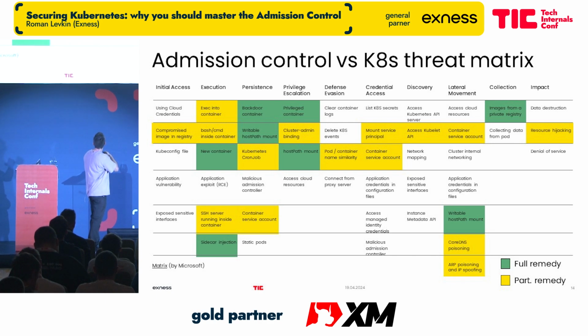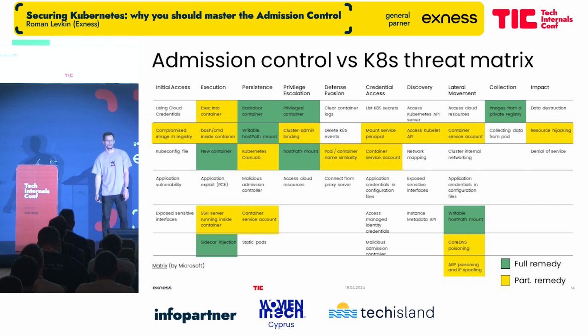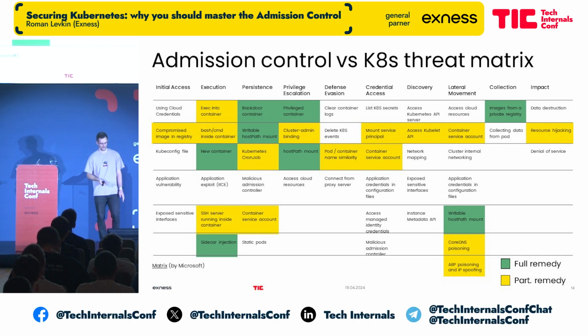For example, if we take the application vulnerability and application exploit threats, of course, we understand that admission control is not a magic tool that will rewrite your vulnerable code. But it is a tool that you can use to enforce some security best practices. For example, dropping all Linux capabilities, thus eliminating the possibility for the vulnerability to be exploited. So should I put yellow color here? Well, I decided not to do so.